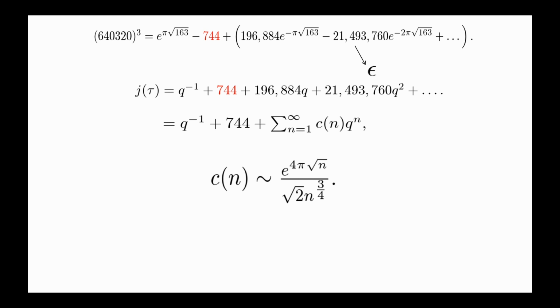And that shows why e to the pi times root of 163 should be so close to being a positive integer.